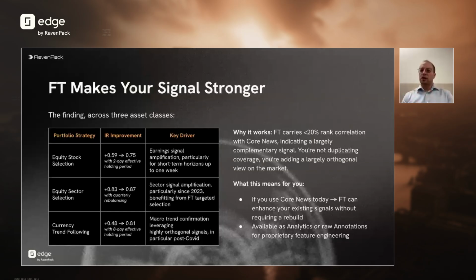While we have used Financial Times Analytics here to test the different strategies and create the different signals, you can also replicate these studies from the more raw annotations products. But the added benefit, of course, is that you get a much more granular set of data that allows you to create your own proprietary features and gives you maximum flexibility, maximum empowerment.